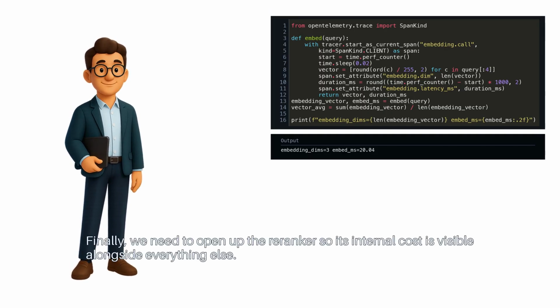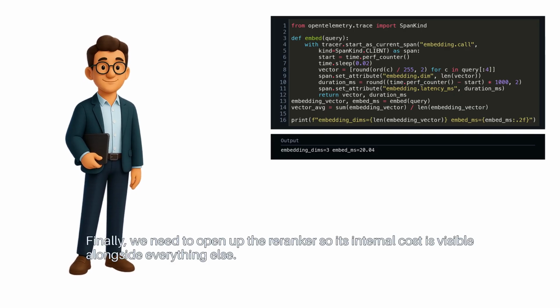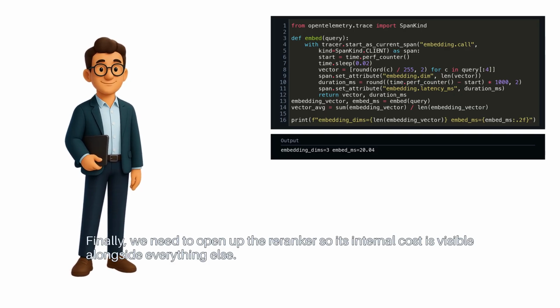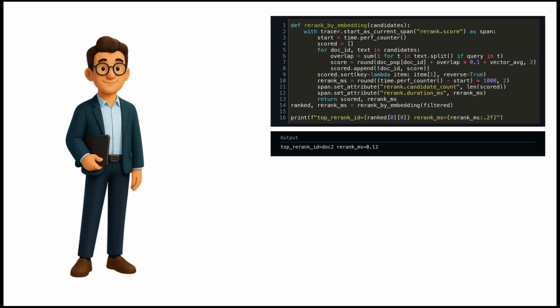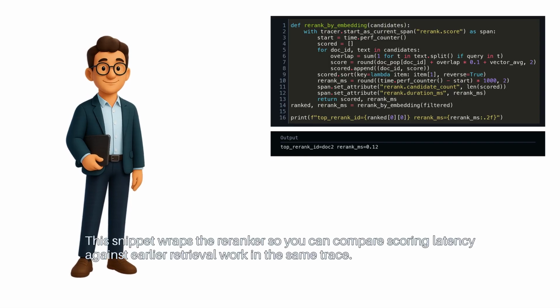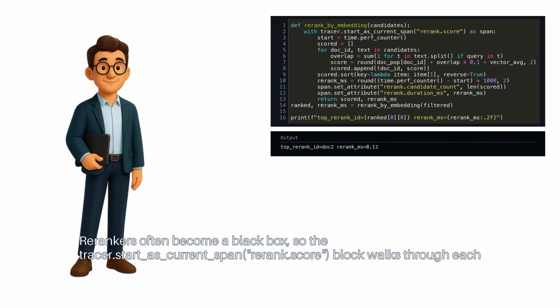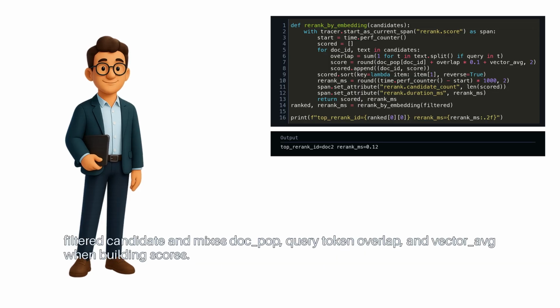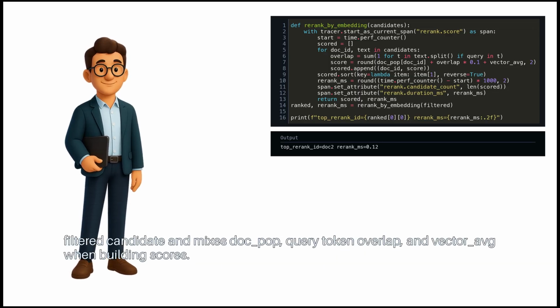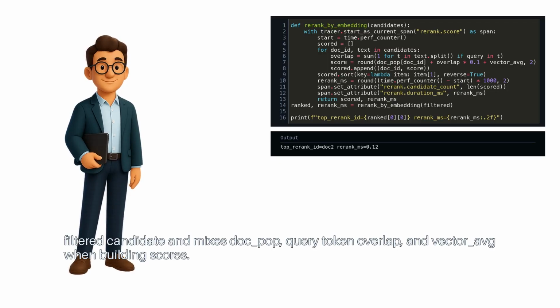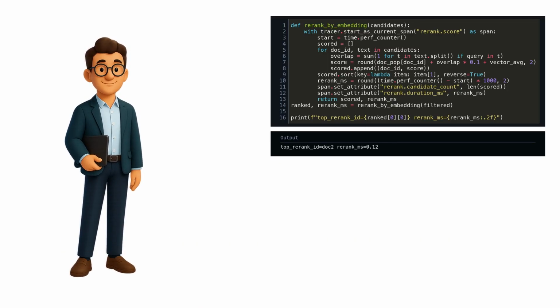Finally, we need to open up the reranker so its internal cost is visible alongside everything else. This snippet wraps the reranker so you can compare scoring latency against earlier retrieval work in the same trace. Re-rankers often become a black box, so the tracer.start_as_current_span rerank.score block walks through each filtered candidate and mixes docpop, query token overlap, and vector average when building scores.